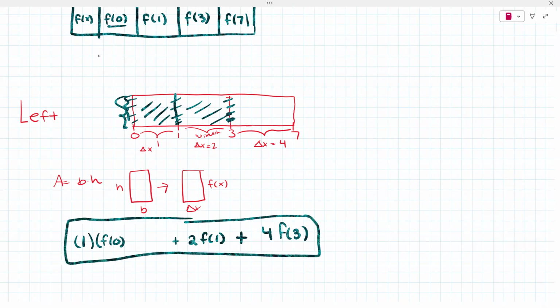Okay, so that is the left method. Now let's do the right. If you draw your image, it's the same exact idea. It's just that now we're focusing on the right.